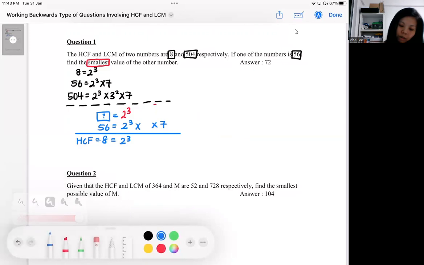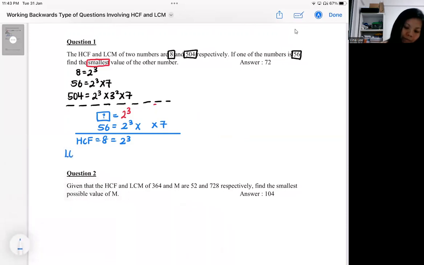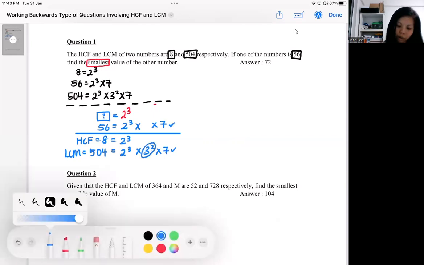Okay, then now we add on the LCM. The LCM is the higher power. The LCM is 504. My 504 is 2 cube times 3 square times 7. The 7 is already here, but I am missing a 3 square. So where will the 3 square come from?